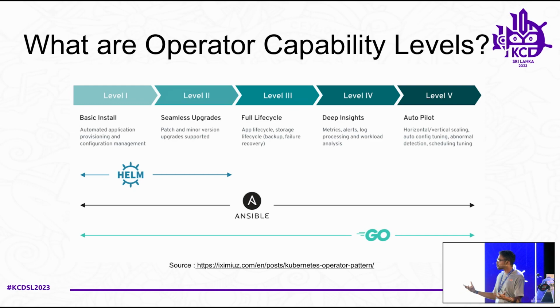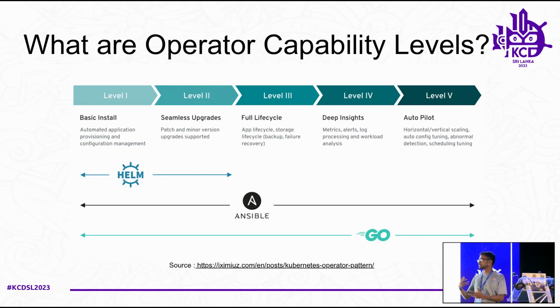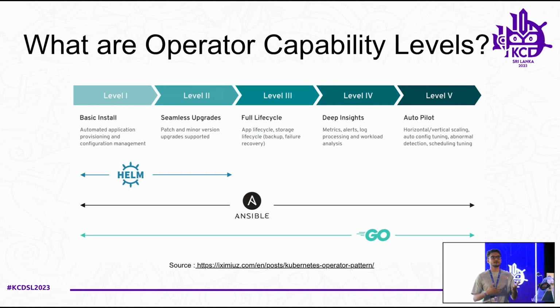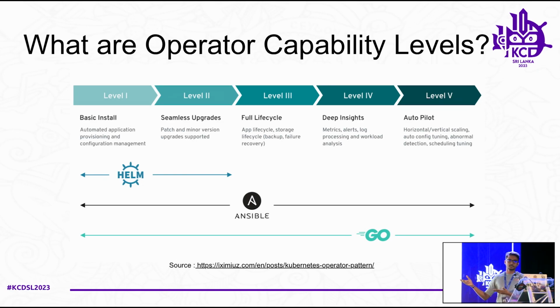But what about all the other things like controlling or managing the full life cycle, getting monitoring, deep insights, and of course, the horizontal and vertical scaling according to your business requirement needs? These things cannot be done simply by using Helm. That's why we are using Kubernetes operators.